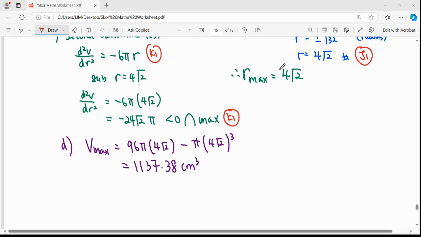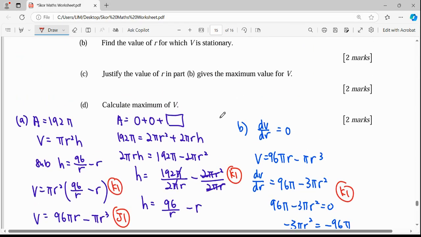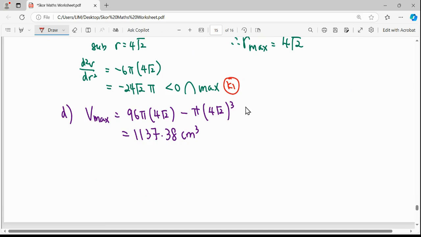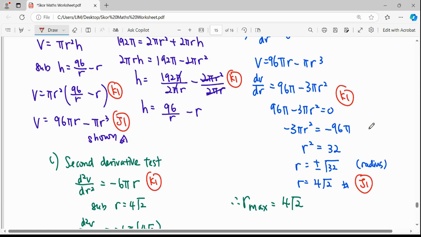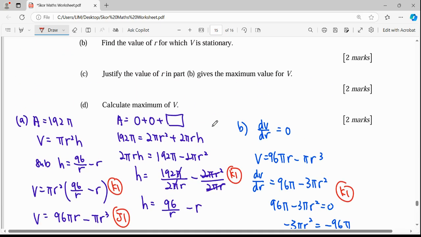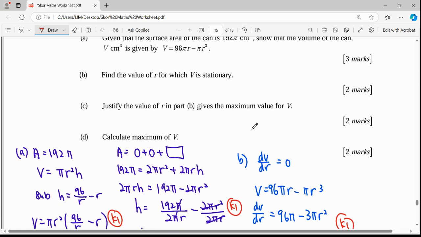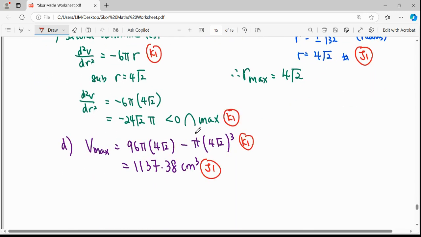So that is your 2 marks. And lastly, your maximum volume: substitute the r that is already the maximum to get the answer. 1, 2, 3, 4, 5, 6, 7, 8, 9, 9 marks. Alright, so that's all.